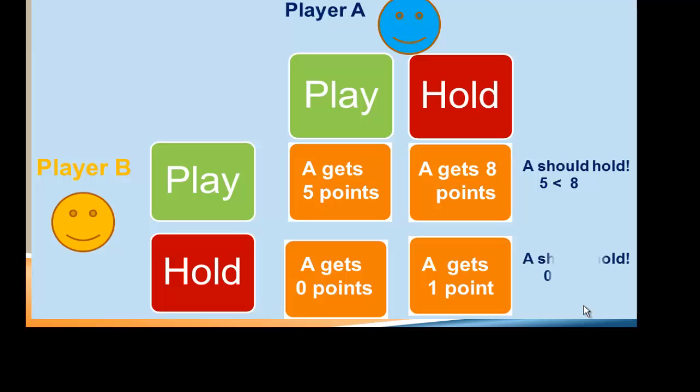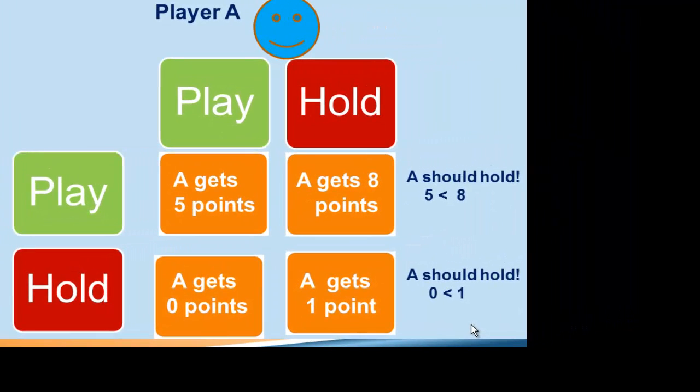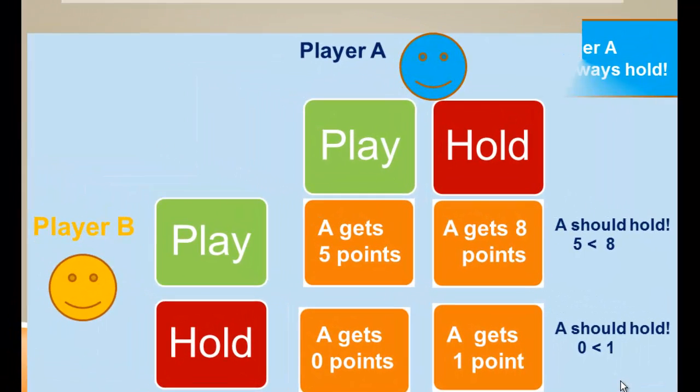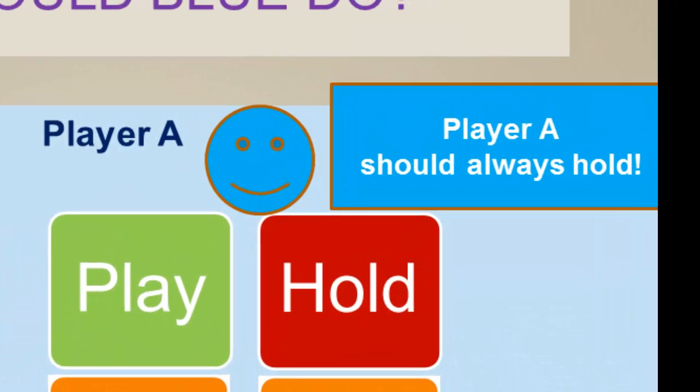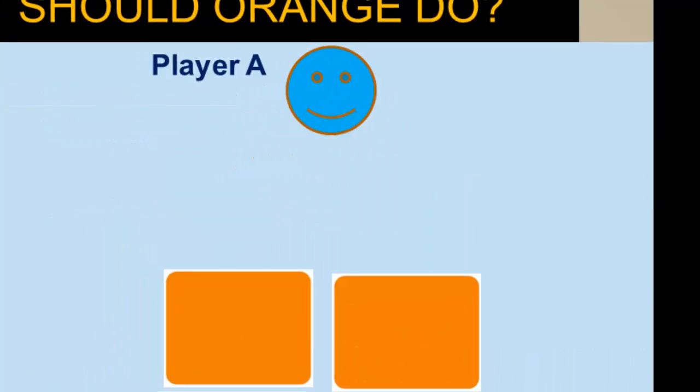So what's the outcome here? Well, player A should always hold because 1 point is greater than 0. So from the perspective of player A, she should always hold her card because she's going to get a better score than she would if she plays, whatever strategy player B plays. So after A has thought this through, A is just going to sit there and hold her card in her hand and refuse to play.